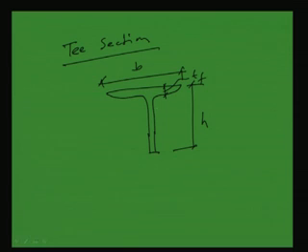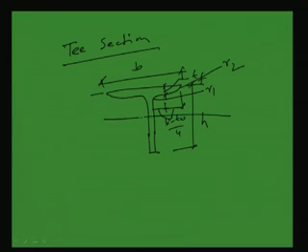And TF will be measured at a distance of B minus TW by 4. This is also B minus TW by 4, and this is called R1 and this is called R2, right. And if the neutral axis is here, then I can say this is CXX.